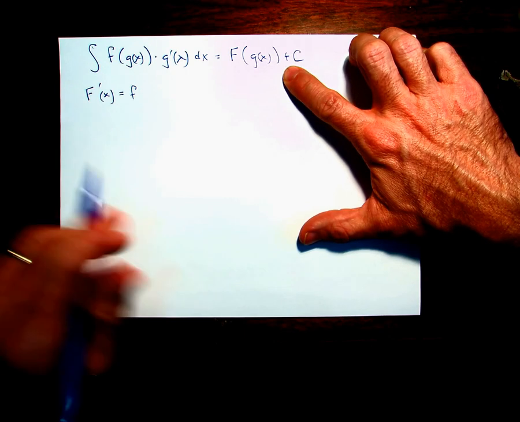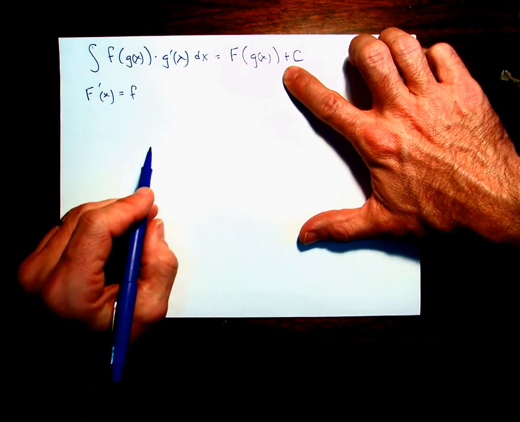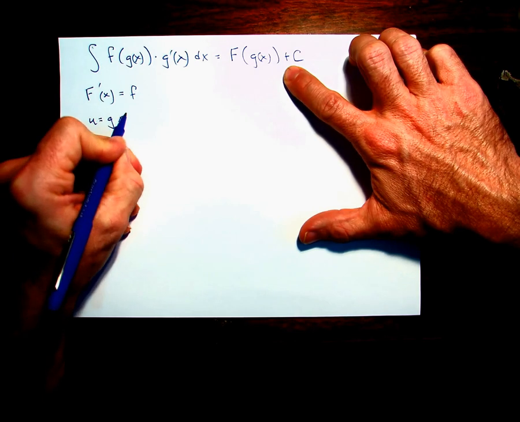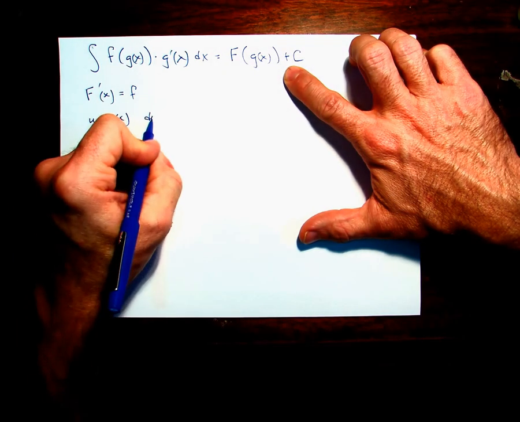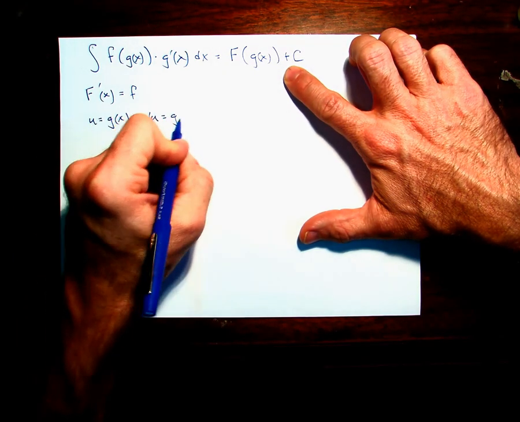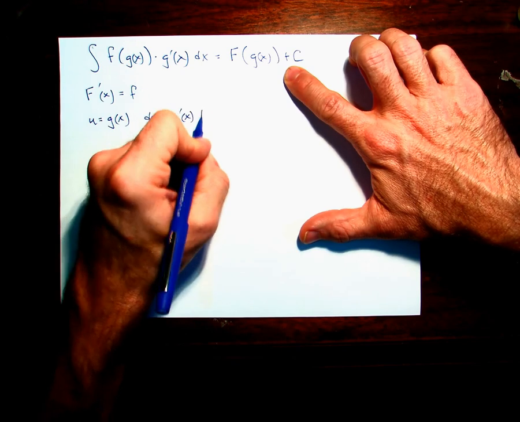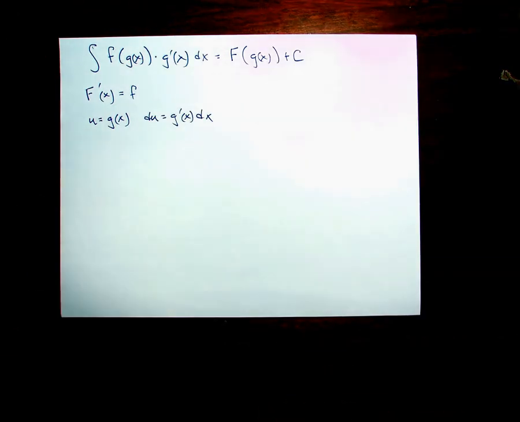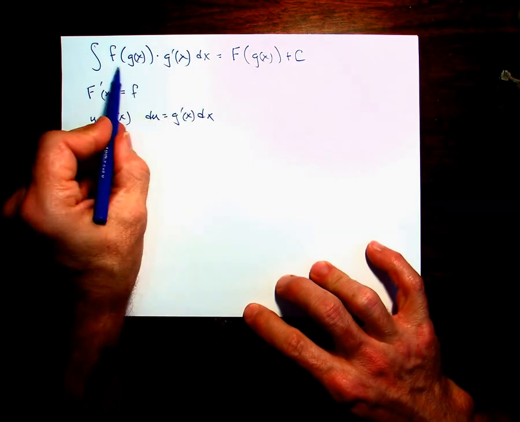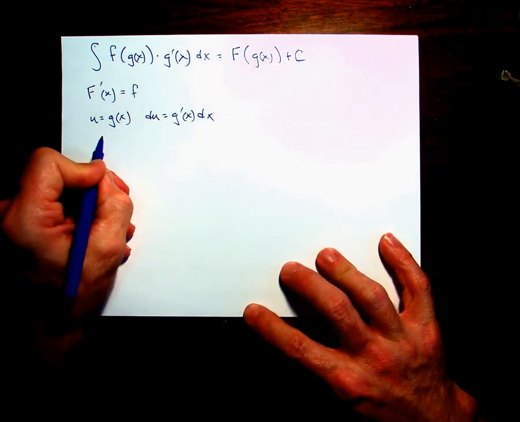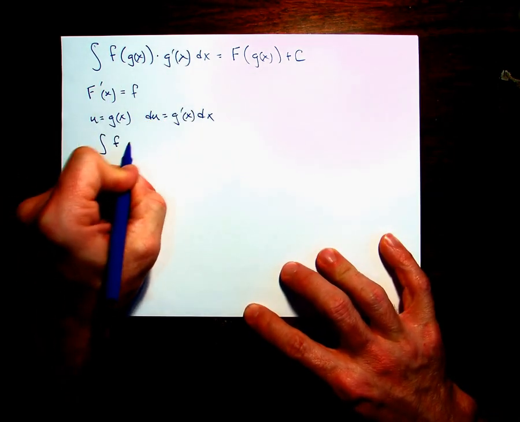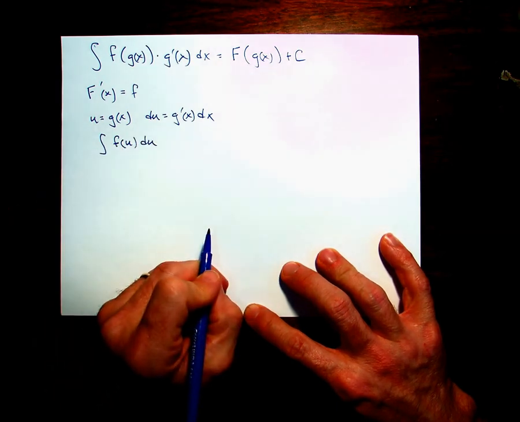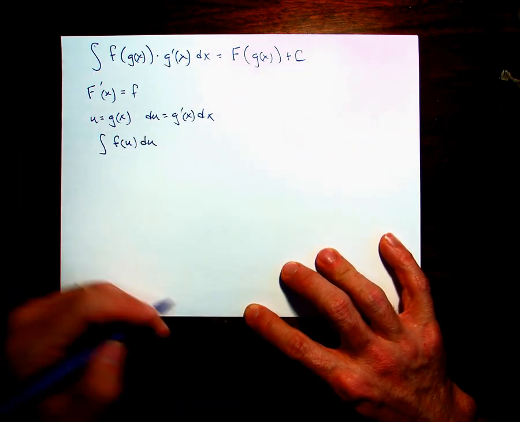All right. So another way to think of little f is that it's big F prime. But again, using this other notation, if we let u equal g of x and du equal g prime of x dx, we're going to do that substitution into this up here, then we get the integral of f of u du. So again, we've transformed this into something in terms of u.